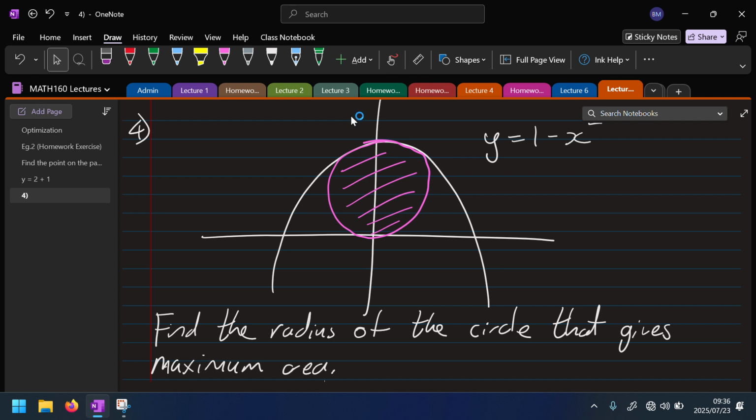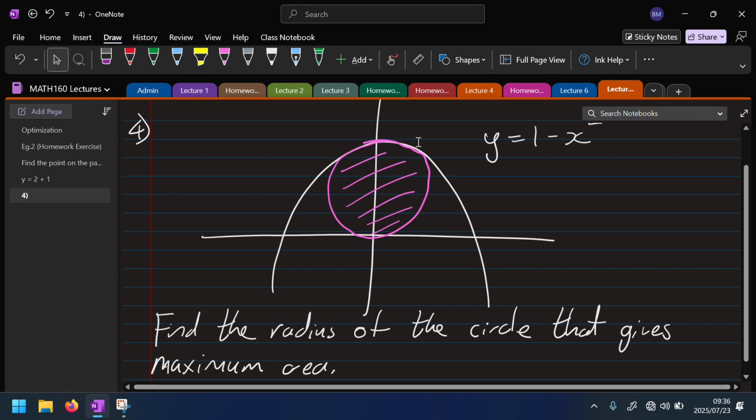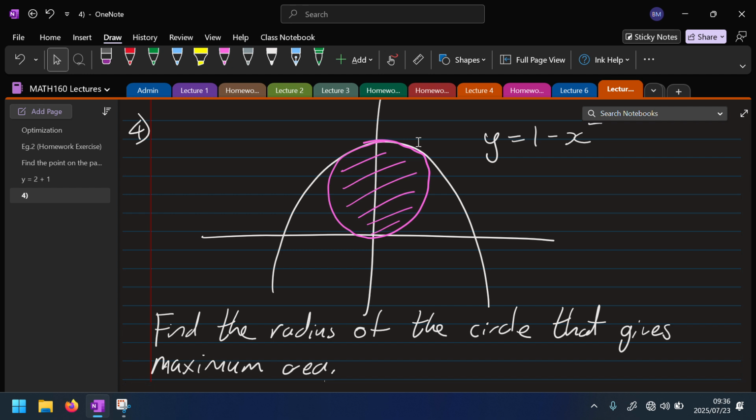Very close, not quite. It doesn't touch the turning point. It's a little bit below the turning point. Perfect. What's that going to give us? Yeah, the circle's 1, but more importantly, what points is that going to give us?